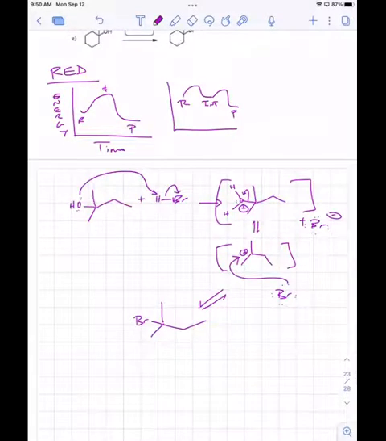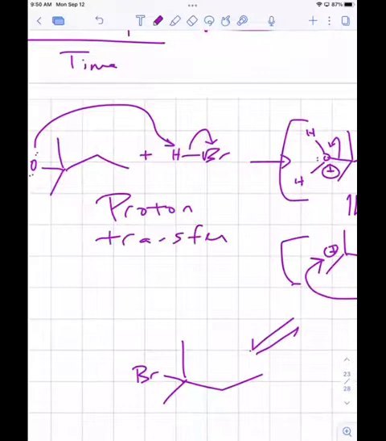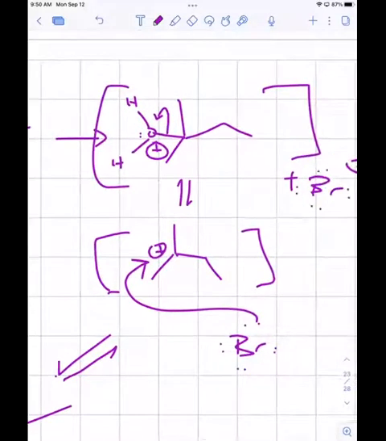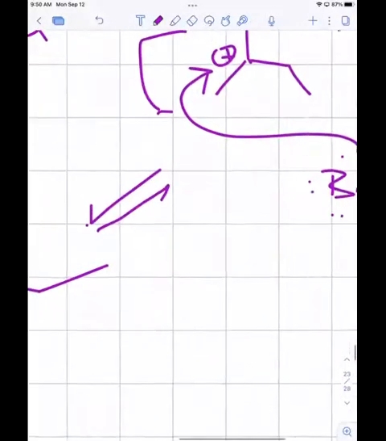So the first step is proton transfer, right, to get here. Second step, loss of leaving group. And then the third step, nucleophilic attack.